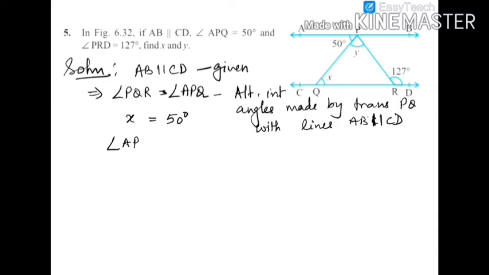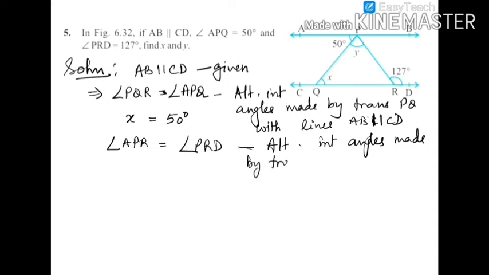Angle APR should be equal to angle PRD. Reason: alternate interior angles made by transversal PR with AB parallel to CD.